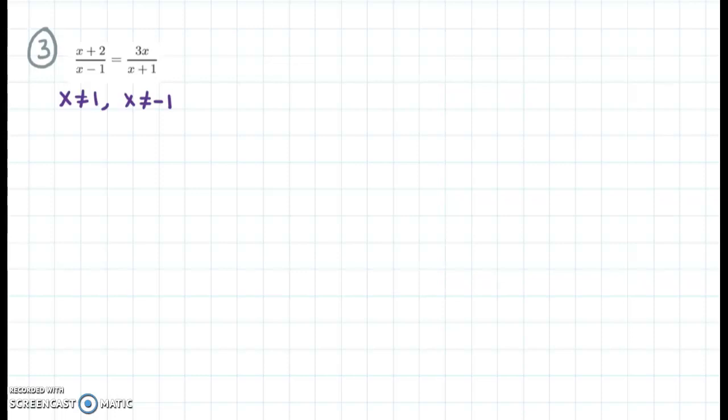Now, if those are not the values of x, what we are going to do is get rid of the denominators. So we are going to multiply both sides of the equation by each of the denominators. So I'll write again the expression. And I'm going to multiply both sides by, there's a wrong sign over there.